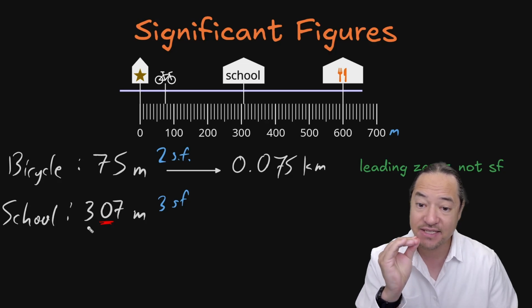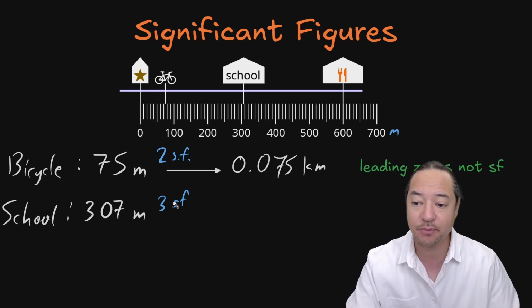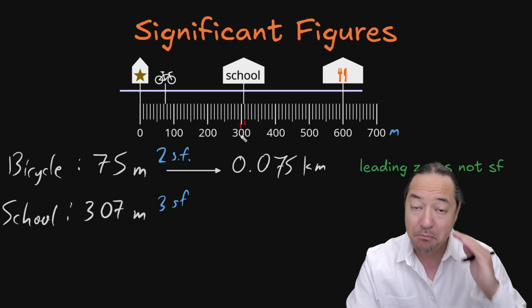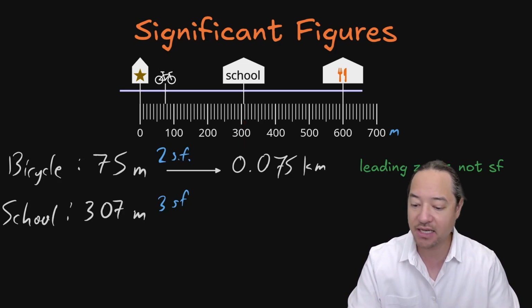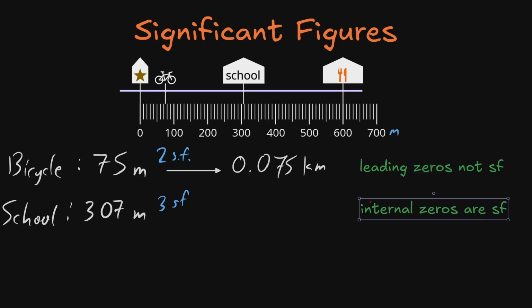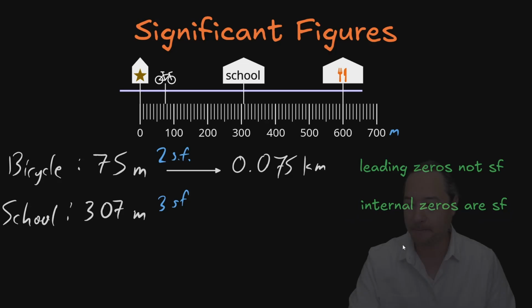It has significance, so we are going to count that because that is telling us that it's between 300 and 310, and that's true. That's what we're measuring. So we measured that 0, okay? So this is telling us that when you have zeros in between other numbers, internal zeros, those are going to be significant, okay? So that's another important rule that we can see just by taking a simple distance measurement here.